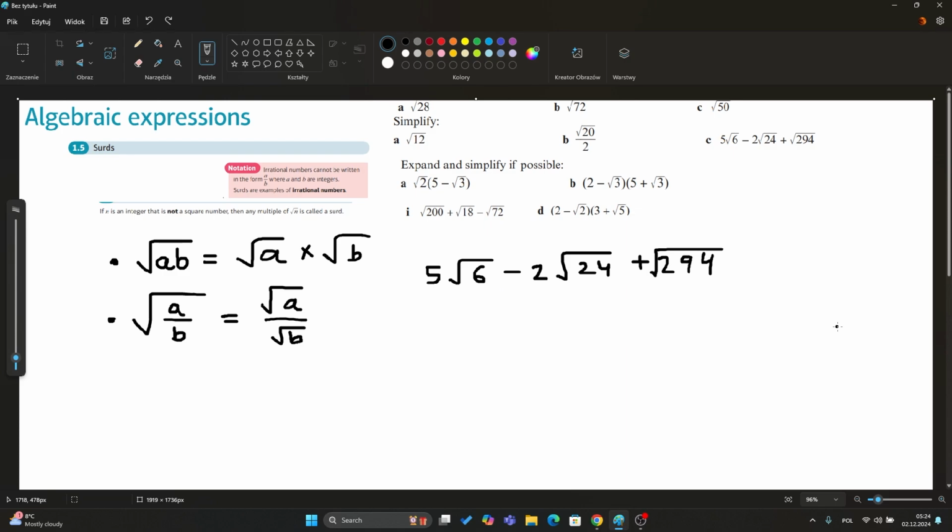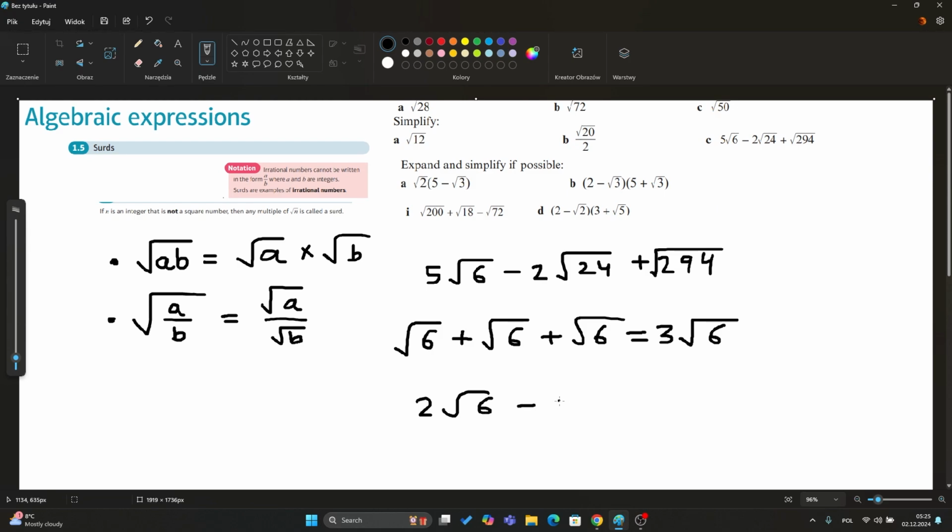And now, to tackle this question, we need all of the roots to be the same to add them together. So basically, if we have root 6 plus root 6 plus root 6, this will give us 3 root 6's. If we have 2 root 6 minus 3 root 6, this will be minus root 6.